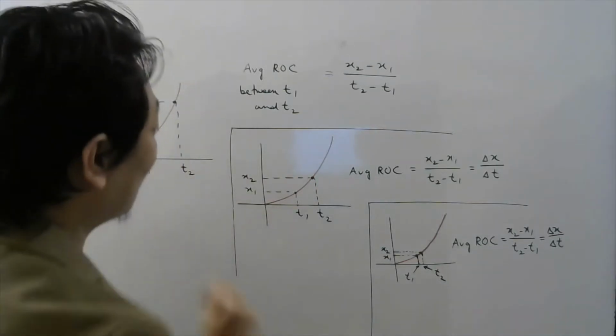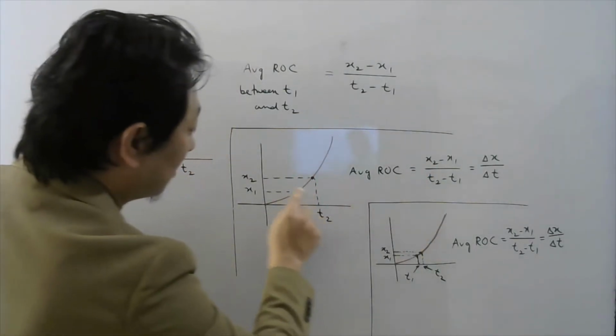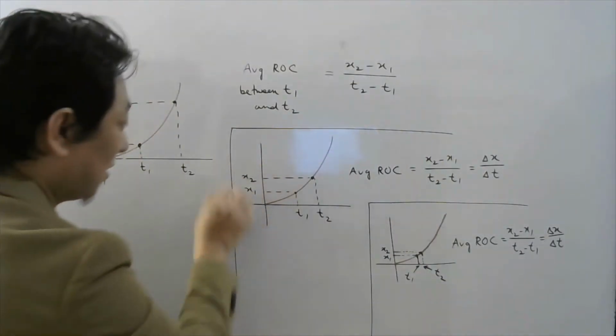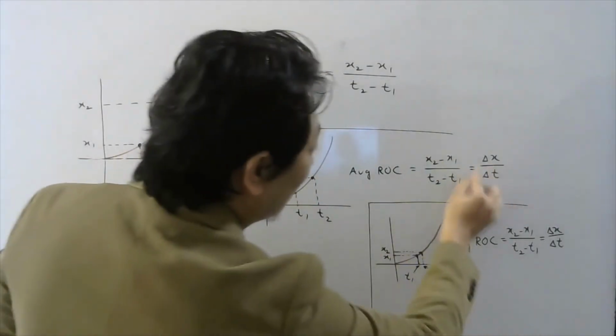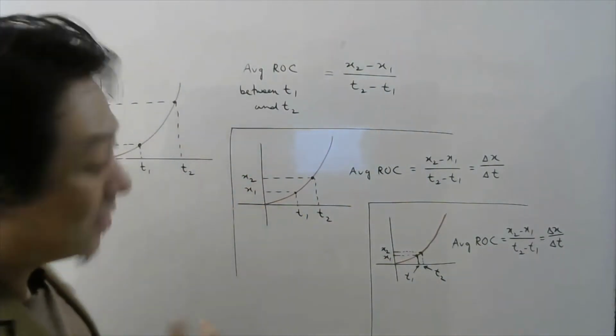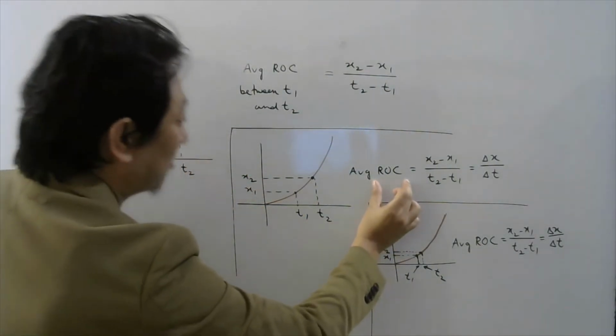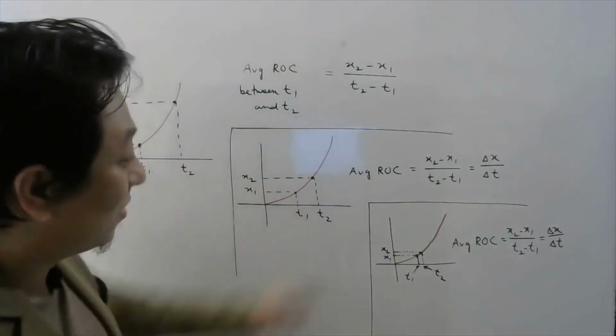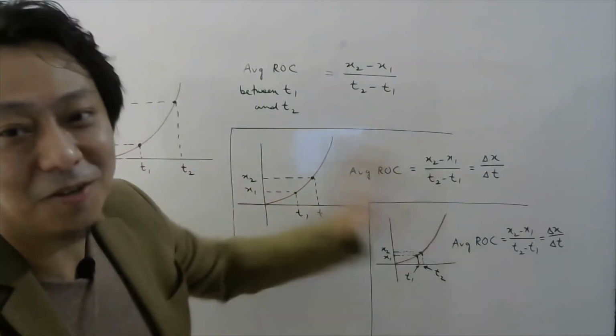So what would be the rate of change in this interval? You divide the change in the distance covered by the change in the time taken, right? So that would be your rate of change, but still it is not perfectly straight. So this is still the average rate of change.